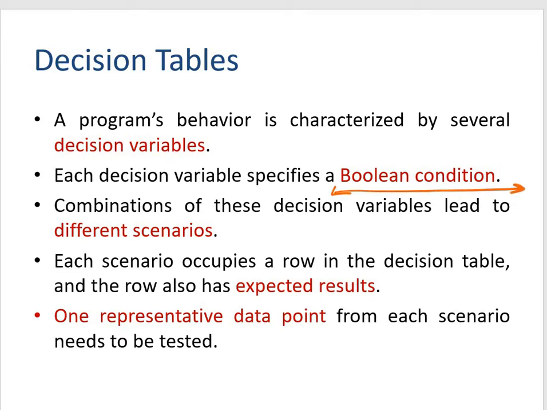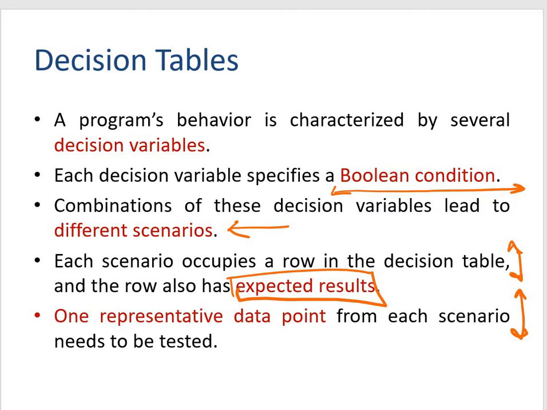What a Boolean condition is, I think I don't need to throw some light on it, and combinations of these decision variables lead to different scenarios. Each scenario occupies a row in the decision table, and the row has the expected result, and one representative data point from each scenario needs to be tested.